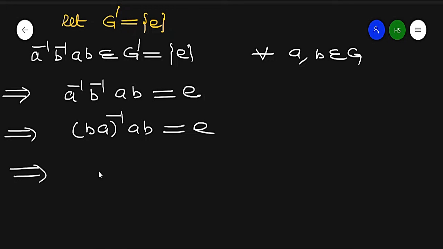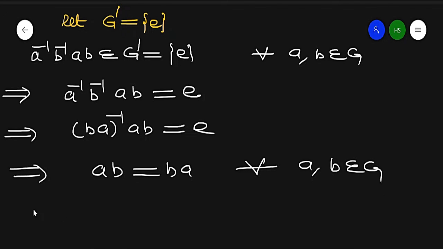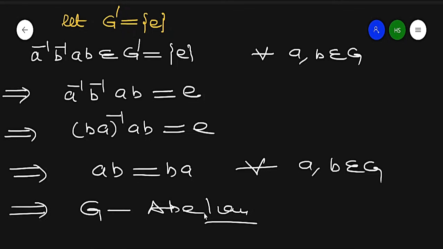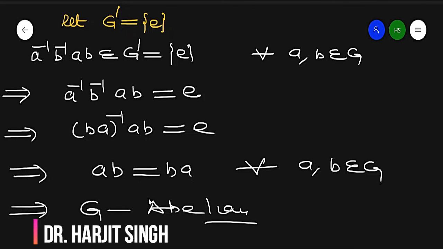It implies ab equal to ba for every a, b belongs to G. So this G is an abelian group. So remember that to prove a group is abelian, just prove that its commutator group consists only of the identity element. So this is our result.